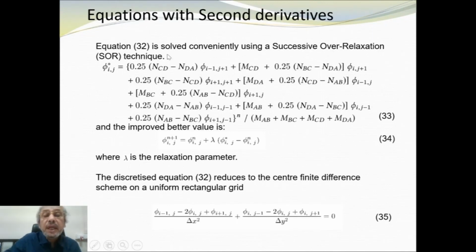And number two, instead of x equal to constant lines and y equal to constant lines, which make a Cartesian grid, we used curvilinear grids, basically body conforming zeta equal to constant, eta equal to constant lines, and we got this expression.